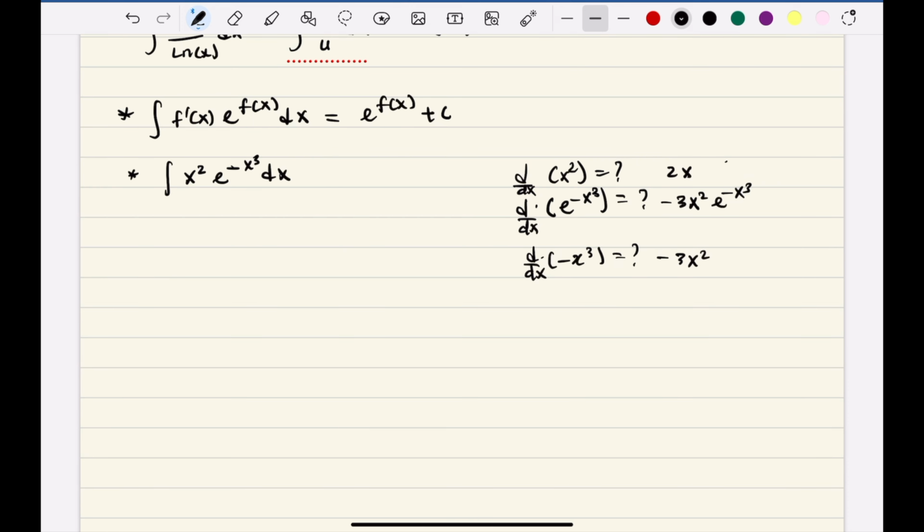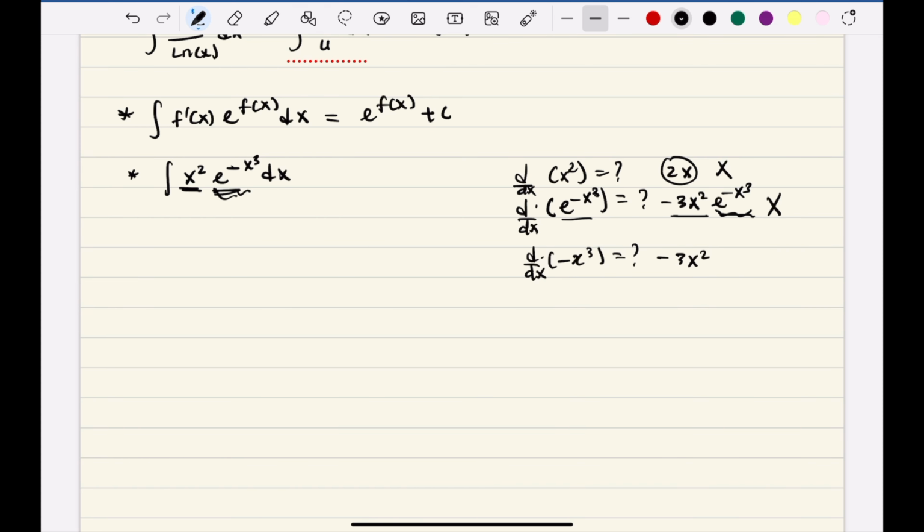We obviously can't use this because if we differentiate this expression, it is not close to this expression here, so we can't use this. And if we differentiate this, we are having negative 3x squared. This is closer, but then we lost this expression here, which is still going to be appearing here. So this is out of the game.